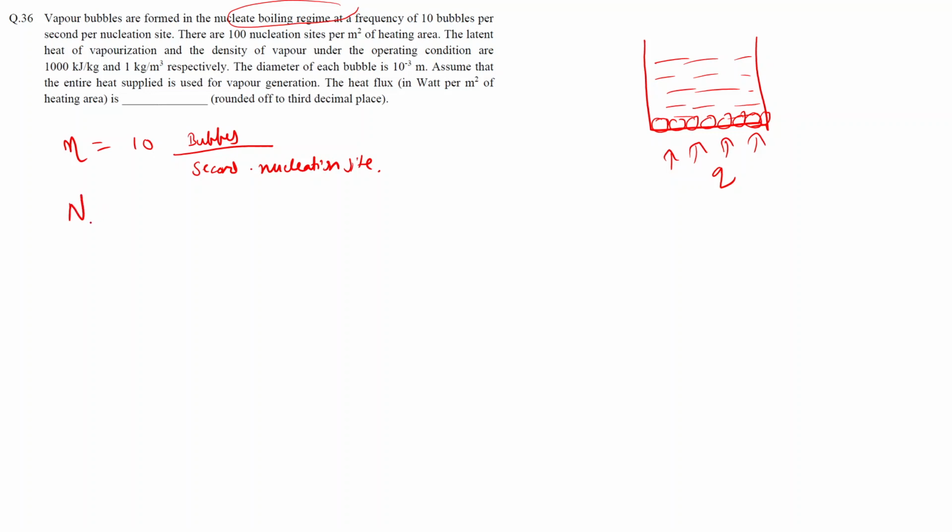Let's just call this as capital N, and this we are given as 100 nucleation sites per meter square of heating area.